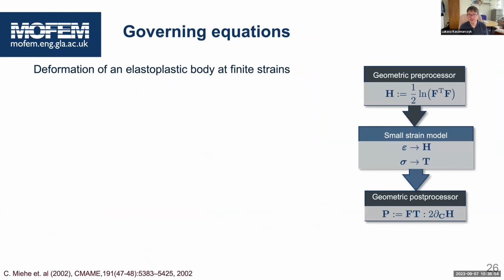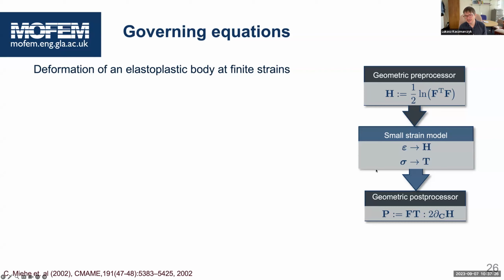Okay, so now what we can do is calculate the gradient of the deformation, and then change it to the Hencky strain. Now, when we have multiplicative plasticity, using a plastic gradient of the deformation, with the trick of the Hencky strain we can change multiplicative plasticity to additive plasticity.